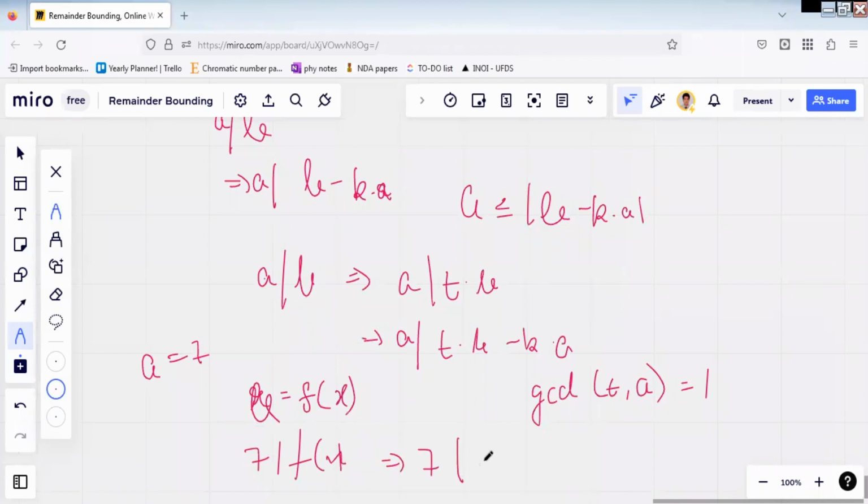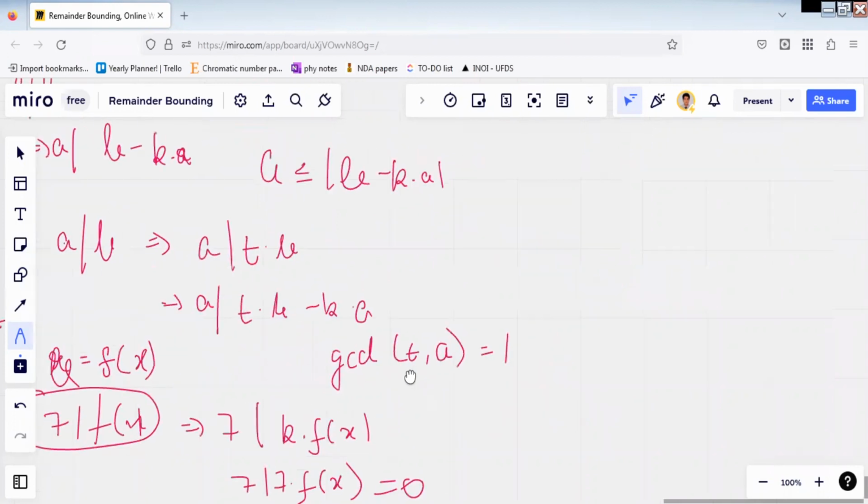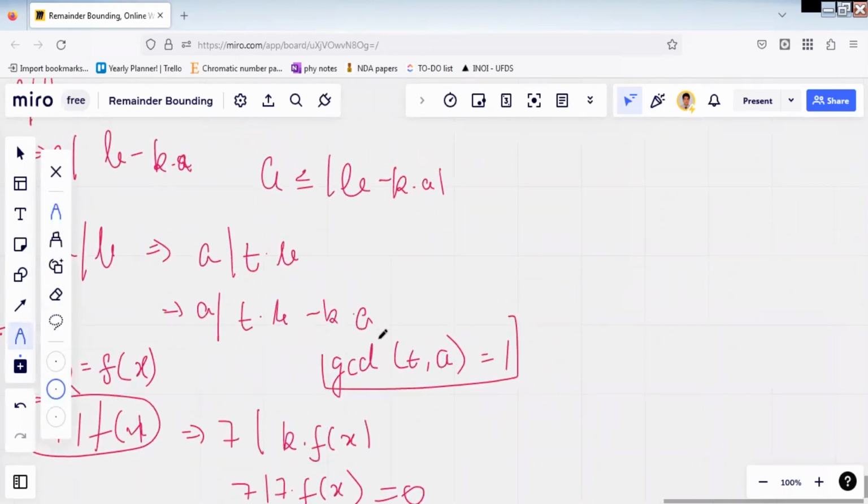And you want to write this as 7 divides some k times f of x. But if you take k as 7, then 7 divides 7 times f of x is just obviously true, right? You do not get much; in fact, you lose the stronger condition which you had already. So it's good to ensure that GCD of t comma a is 1. But if you cannot in some problems, it's fine. Don't be too rigid on that.